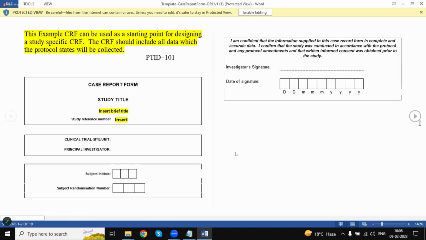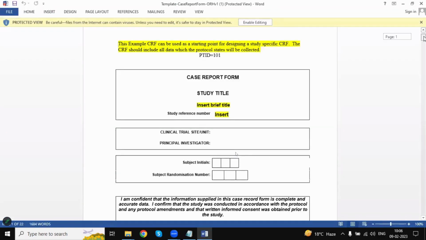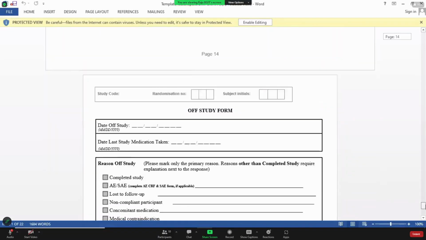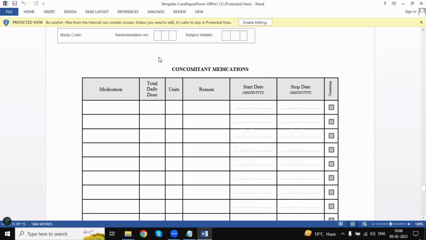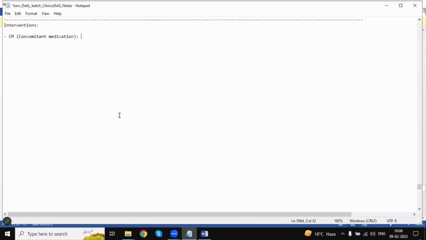So you have a separate page in the CRF also. What medication is taken, how much dose, total, units, reason, start dates, end dates, is it continuing or not. These types of details will be captured in the concomitant medication domain.